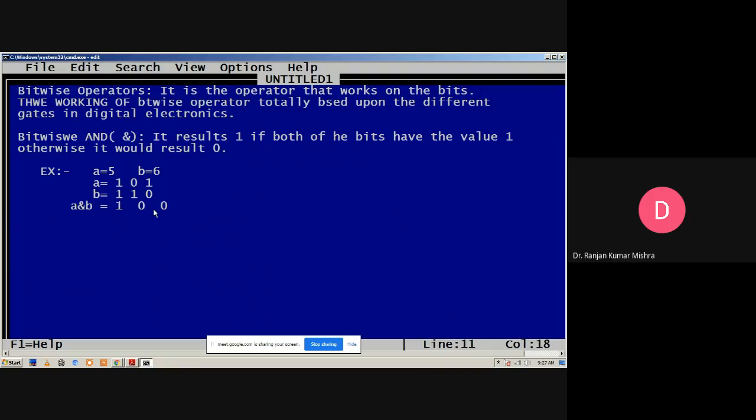So here we can see the result of a and b. Again, it results in 1 if both of the bits have the value 1, otherwise it results in 0. So the value of a and b is 100. Converting from binary to decimal, the output will be 4. This is the use of the bitwise AND operator.